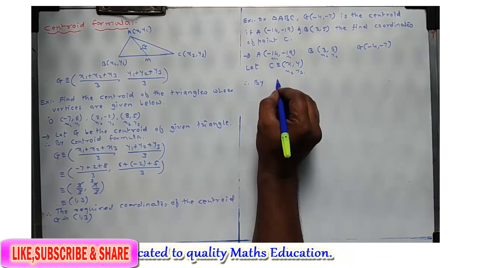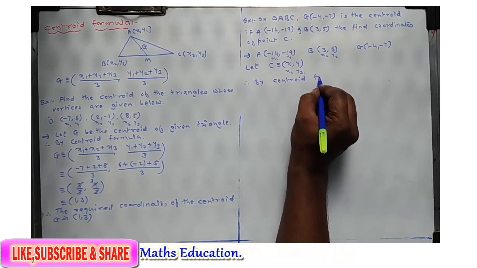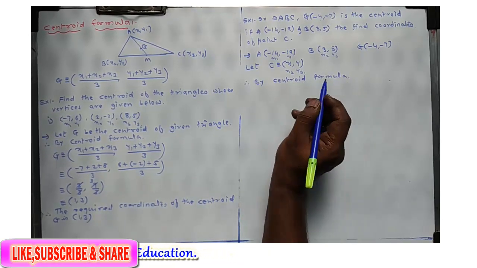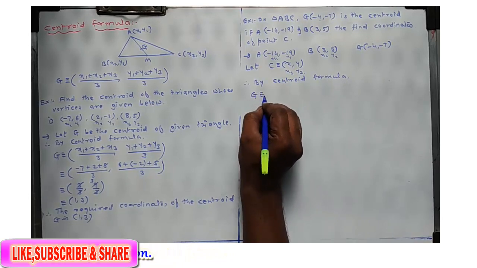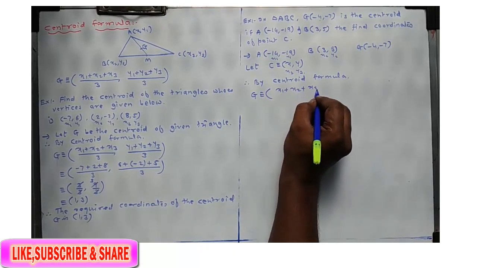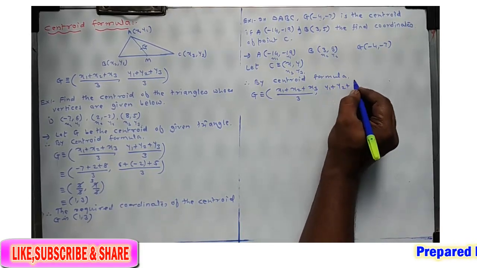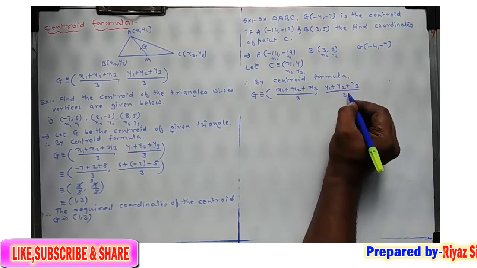And therefore, by the centroid formula, what will you get? Centroid formula: G is equal to (x1 plus x2 plus x3 upon 3, comma y1 plus y2 plus y3 upon 3).